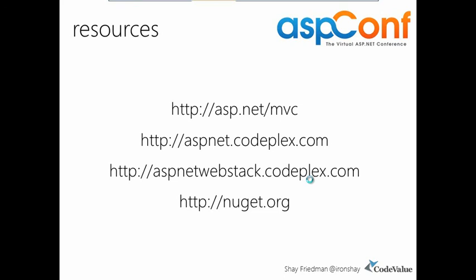Just log into that, and you can use Git or download it via the web, and just have this on your computer. When you are in trouble, just have that, and you'll be okay. And of course, NuGet.org. We started with NuGet.org, and I want to say again, if you're not using NuGet, start using it. If you're using it already, continue using it, and use it more, and use it again.